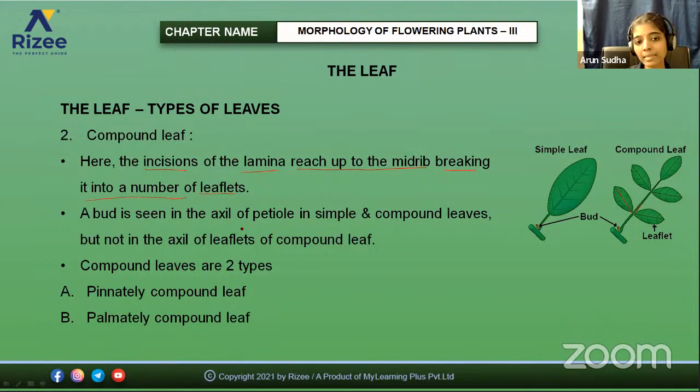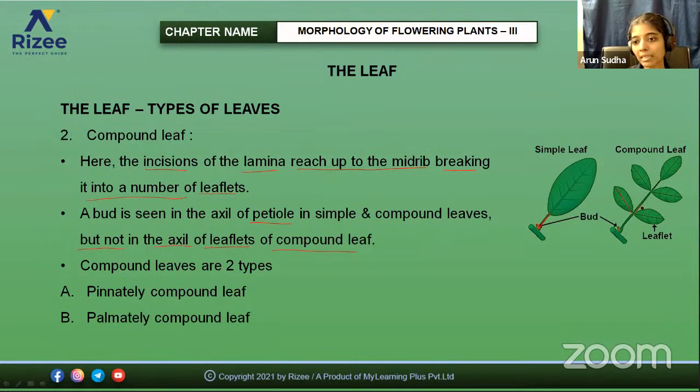And a bud is seen in the axil of the petiole. Which is the petiole? This is the petiole. So where is the bud present? The bud is present here in the axil of the petiole in both simple and compound leaf. So here also a bud is present. But the bud is not present in the axil of the leaflets of the compound leaf.